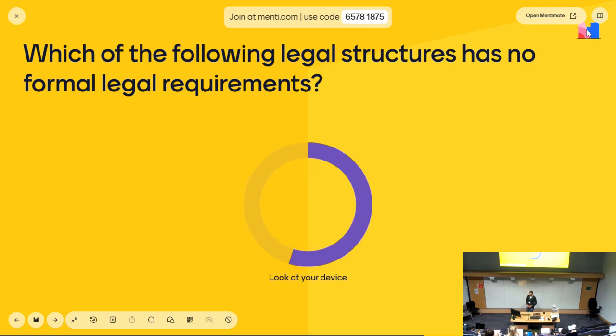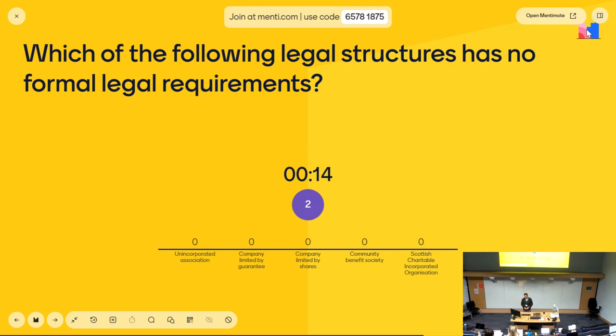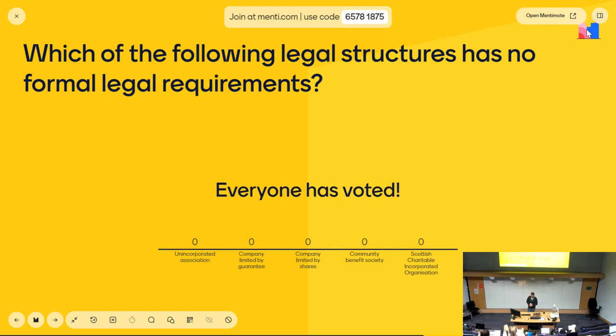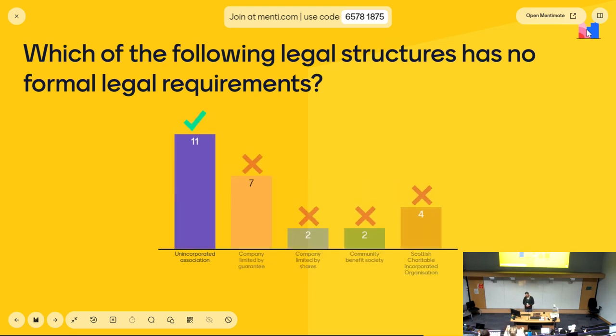Which of the following legal structures has no formal legal requirements? Yeah, our unincorporated association. No legal structure, no legal requirements.